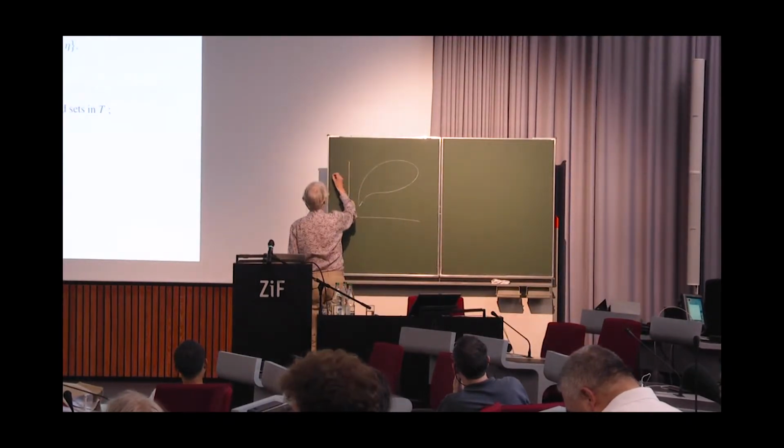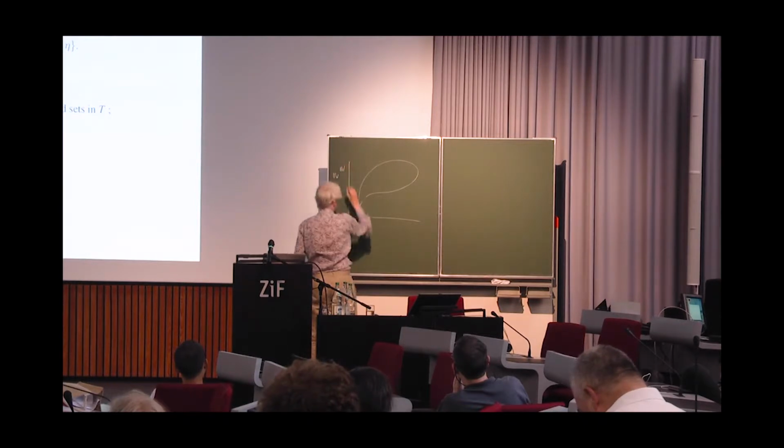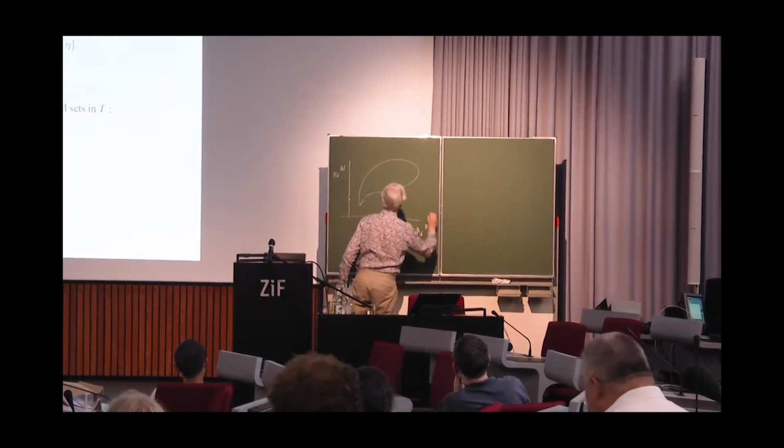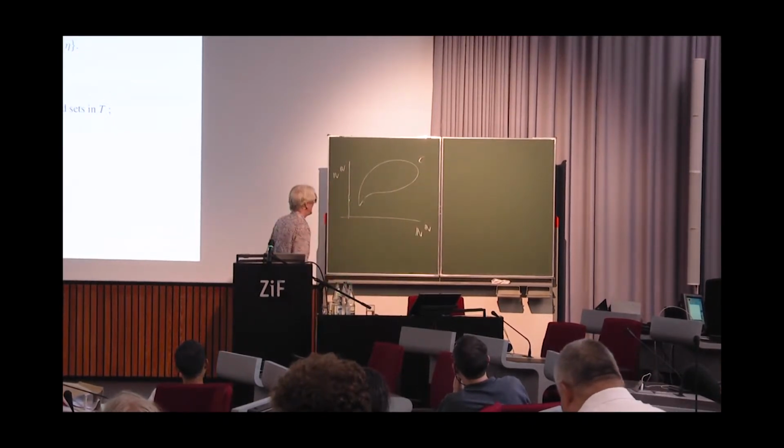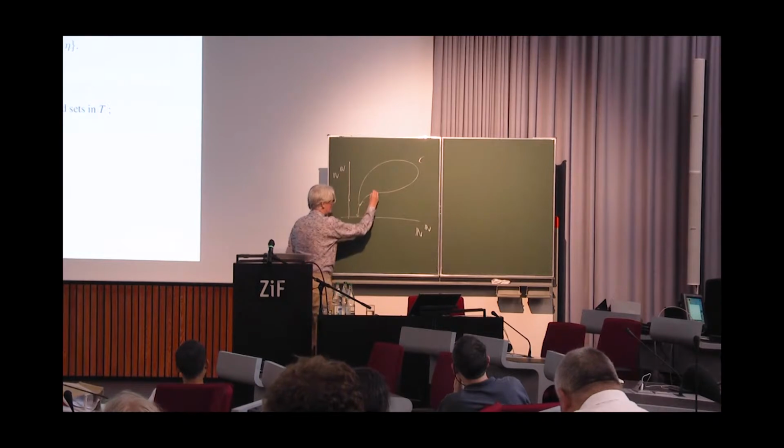So we may have some copy here of Baire space N. It's my T here. So what have I got? I've got a C here, and I just look at its projection down to here.